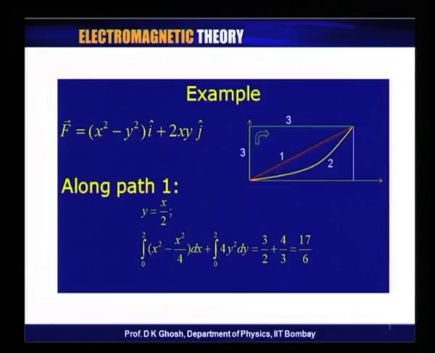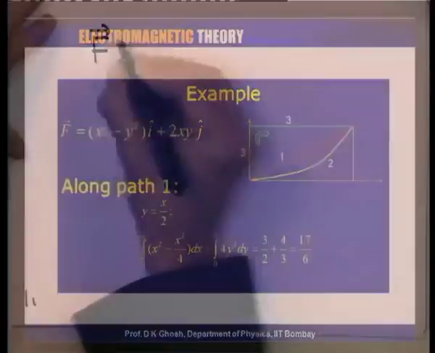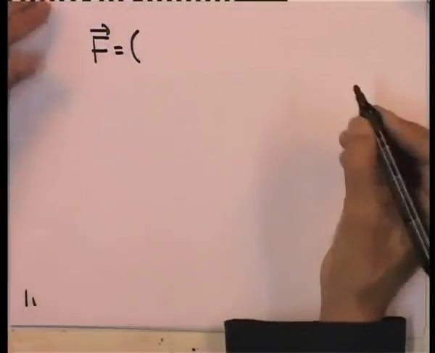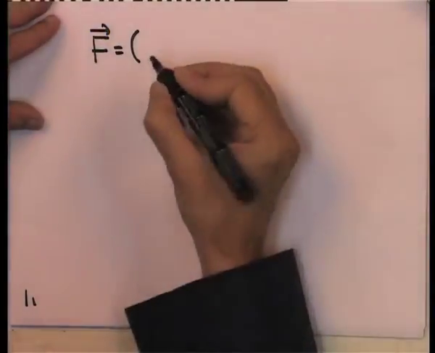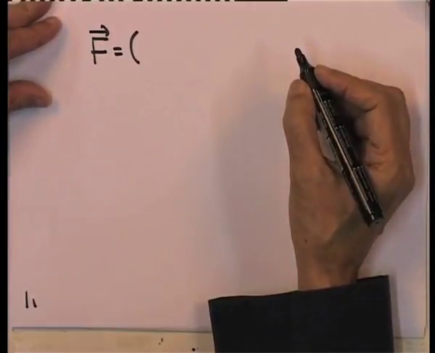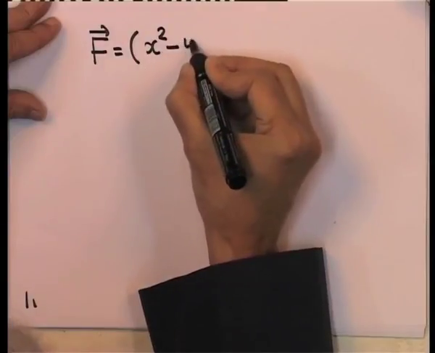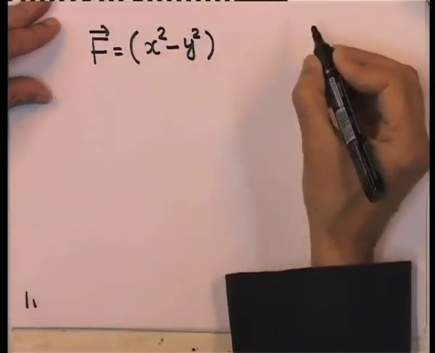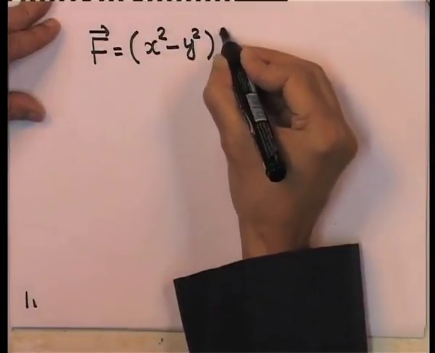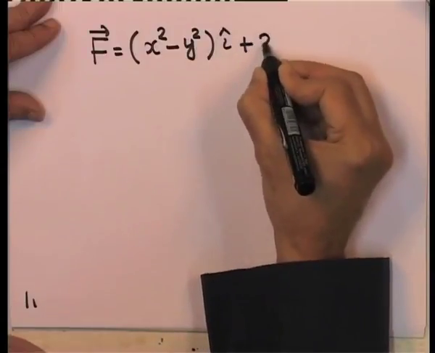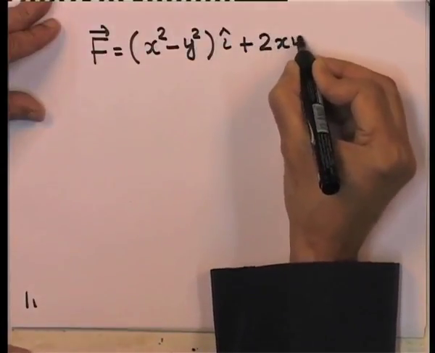Now, let me start with an example. I have given here a force which is written as F. I have taken it in 2 dimensions, one could easily extend it to 3 dimensions, but let me illustrate this by taking a force whose x component is x squared minus y squared and whose y component is 2xy.